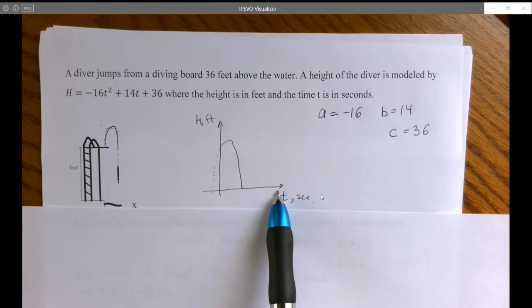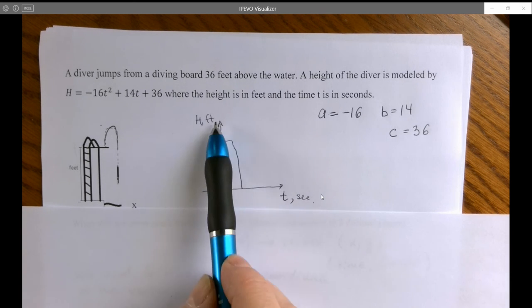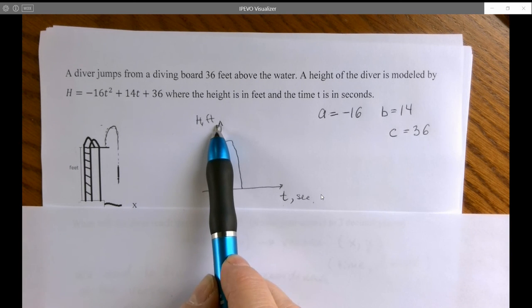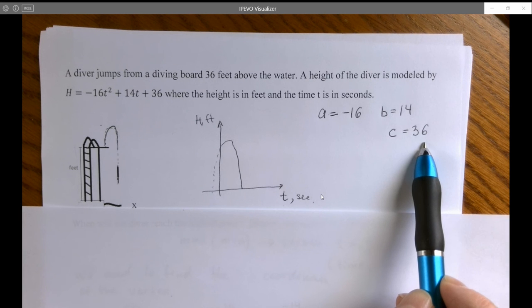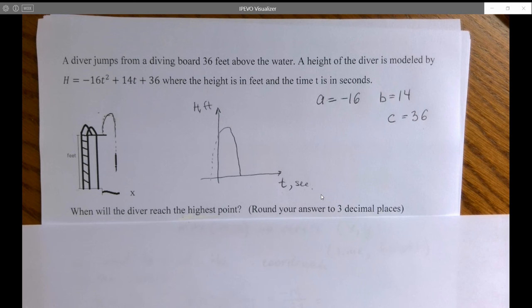My horizontal axis is t in seconds. My vertical axis is height in feet. I always keep my ABC, so I will remember and will not make mistakes. Now, the question is, when will the diver reach the highest point?